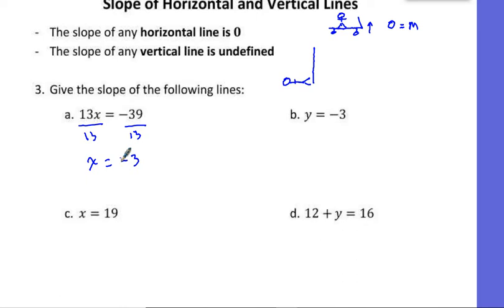What is the slope of this line? Well, I have to think, earlier in this video, x equals a number is a vertical line. And if you don't remember that, you could quickly sketch, okay, x equals negative 3, here's x, here's y. So, negative 3, okay, it's a vertical line at x equals negative 3. And once I have that graphed, I remember, oh yeah, vertical lines have undefined slopes. Undefined.